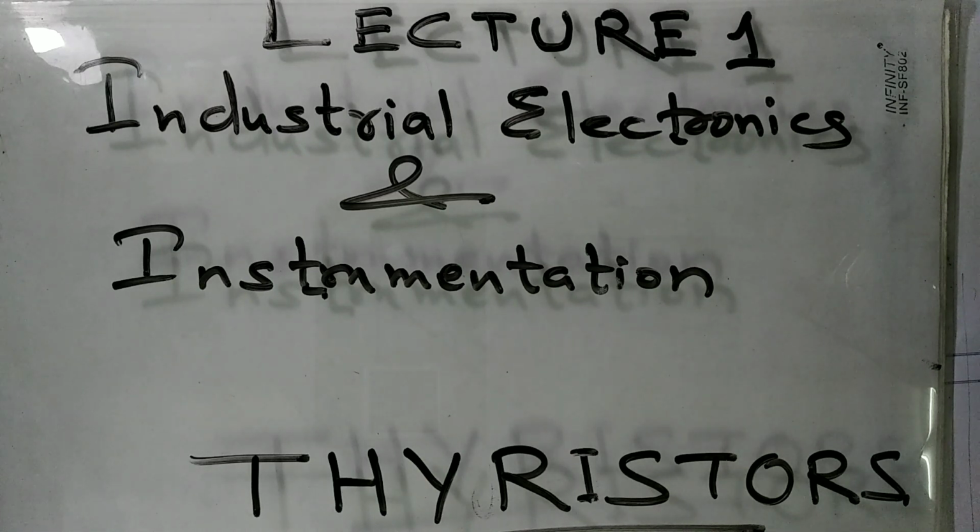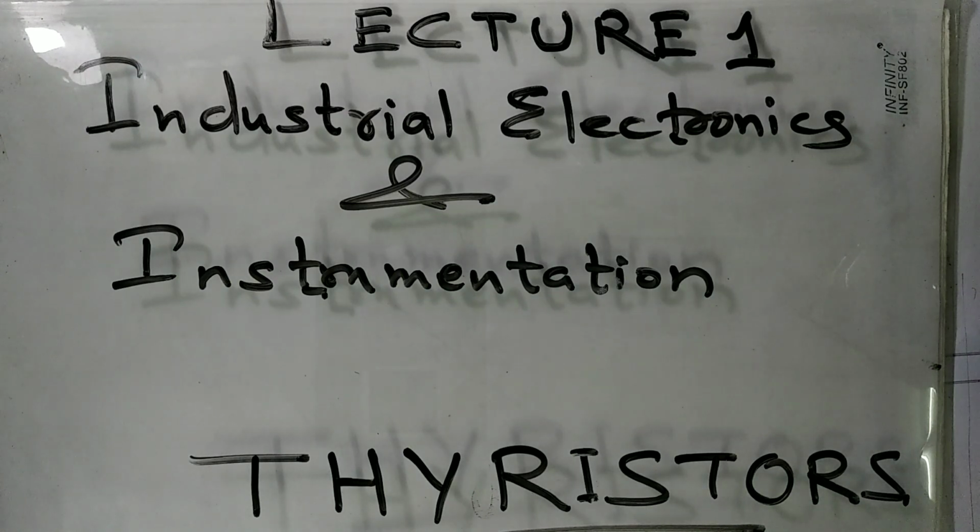Basically, we also call this a silicon controlled rectifier, or SCR in short. A silicon controlled rectifier is a unidirectional 3-terminal 4-layered 3-junction semiconductor device which can be used as a controlled switch.